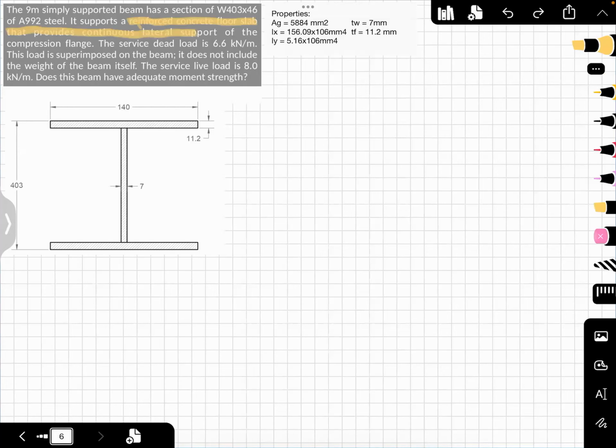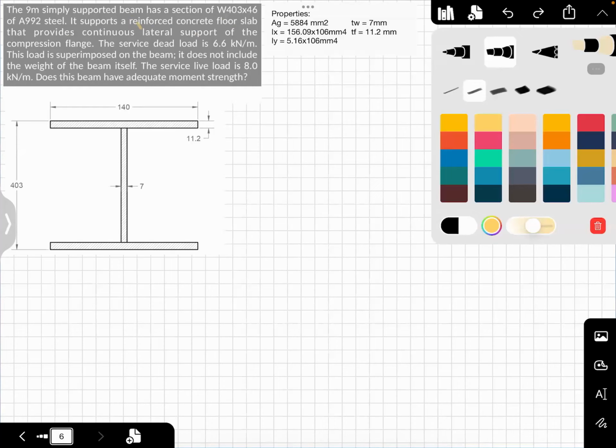So kung babalikan natin NSCP, na meron siyang continuous lateral support.